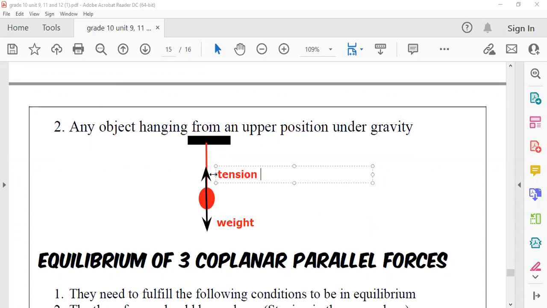We call it tension. So if you take tension and weight, they are equal, they are opposite, and they are in the same line of action. Clear? Yes, sir. Okay, you can mark it down.